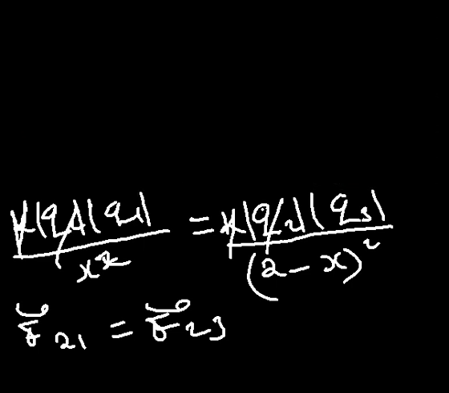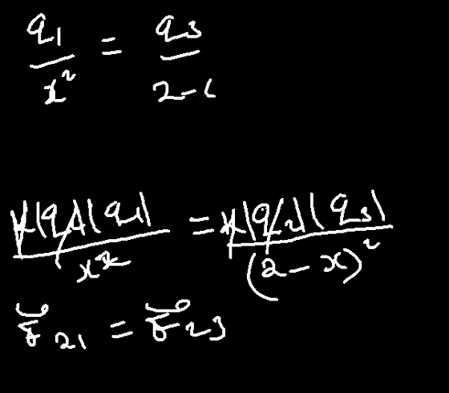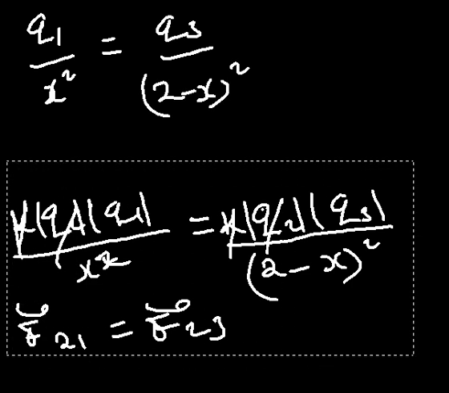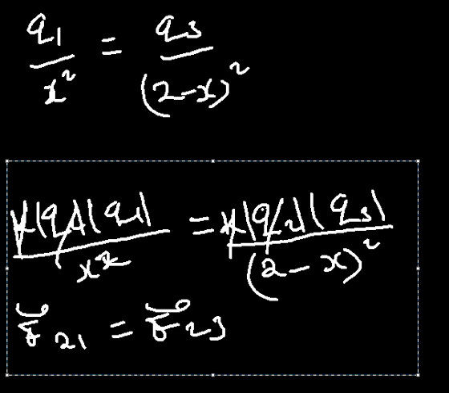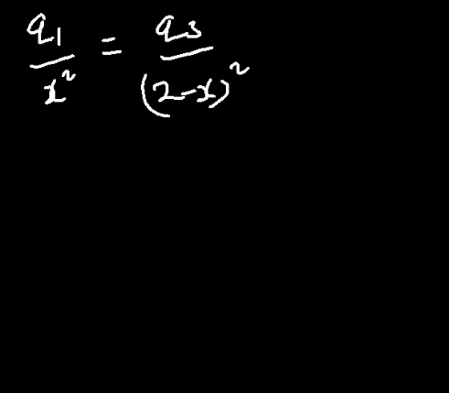What will only remain is charge 1 divided by x squared is equal to charge 3 divided by 2 minus x squared. In that way, you can find the value of x using arithmetic concepts that correspond to having the net force acting on the charge between, that is charge 2, be 0. So keep that in mind.